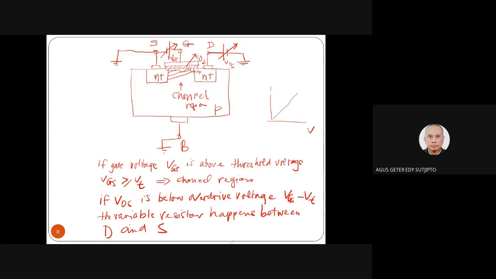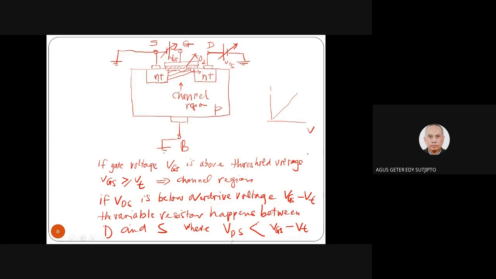Where VDS is less than VGS minus VT. If VGS minus VT is the overdrive voltage, and VDS is less than VGS minus VT, then there will be a variable resistor.